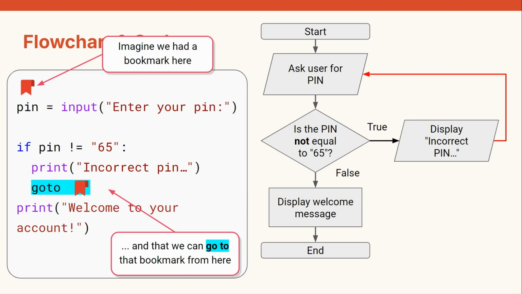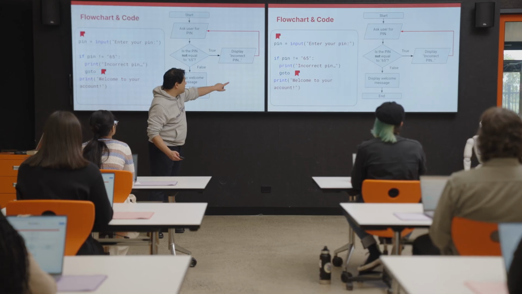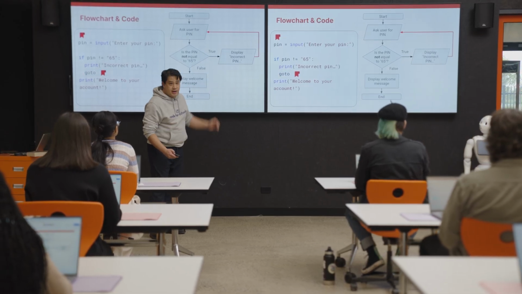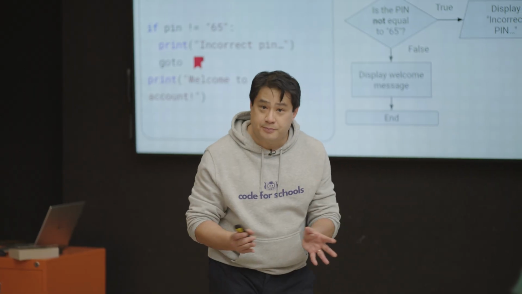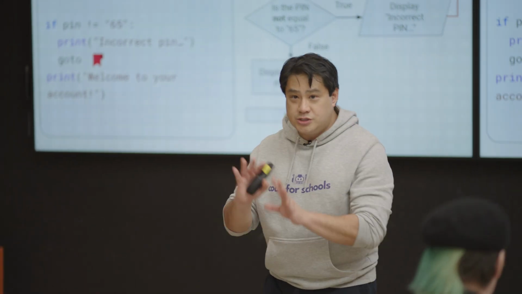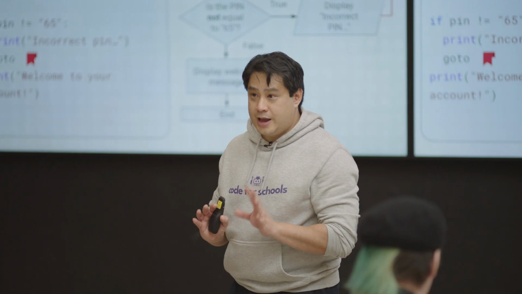Go to, and then we have to use the bookmark, because just like in a normal book, if you have two different people reading the book, you might have multiple bookmarks in the book. You need to know which bookmark to go back to. So you need to say which bookmark you go back to, you need to put the bookmark there, and then you'll end up going back to that loop. So that's how we set up the loop in Python using this special version of our go-to loop.